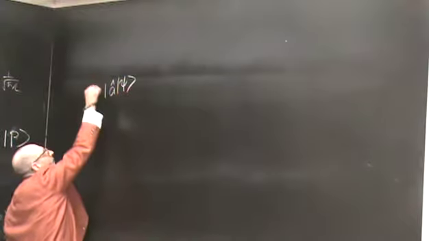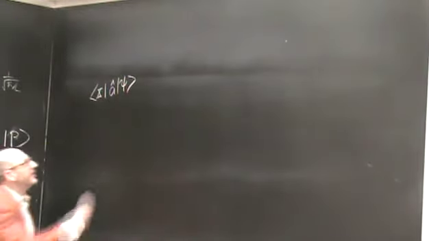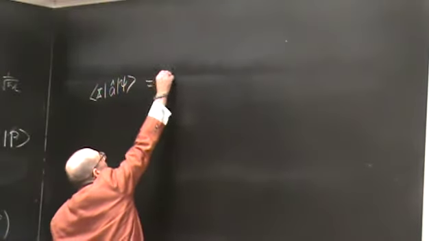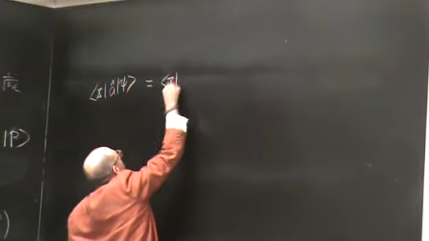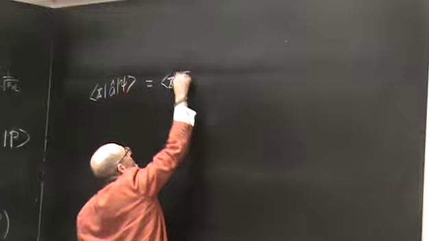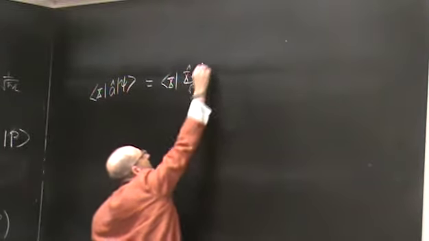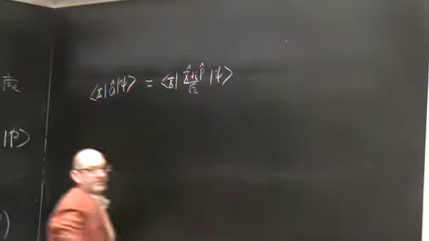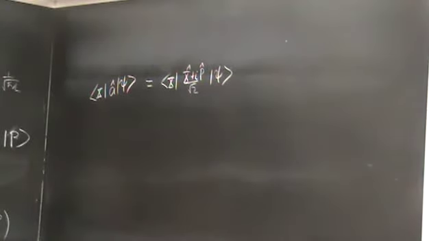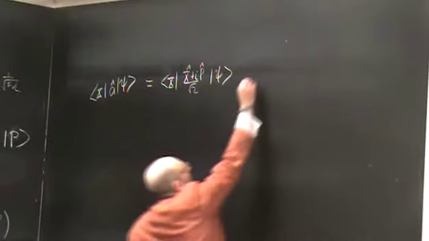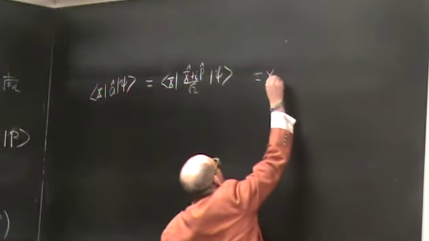Well, to do that, I look at the position representation. So that's equal to the position representation, where a is x plus i p over root 2.